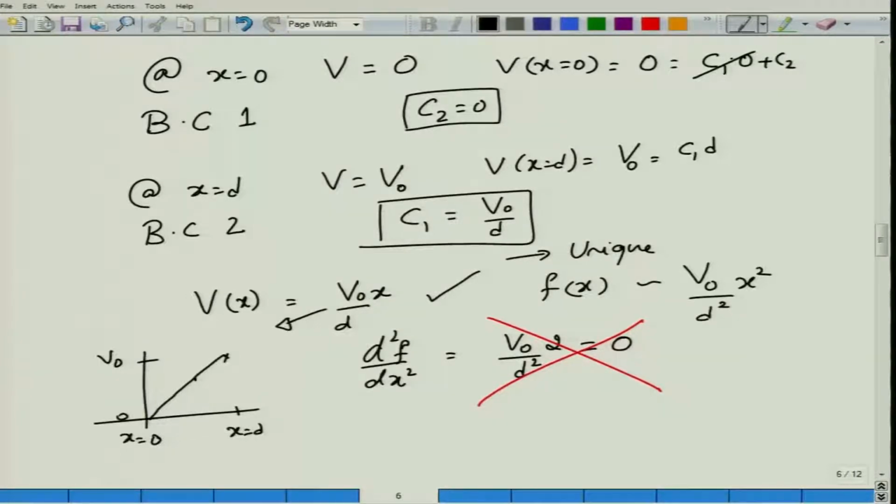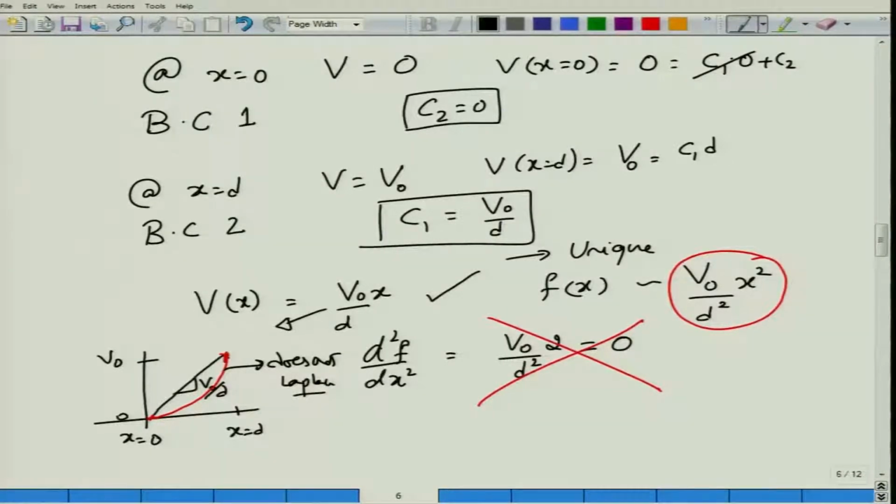The slope of this line is V0 by d, and when you go a distance of d, you reach the potential of V naught. The potential that we assumed for f of x is a quadratic one, which also starts at 0 here and ends up at V0, but it does so in a quadratic manner. Unfortunately, this potential does not satisfy Laplace's equation, and hence cannot be a solution.